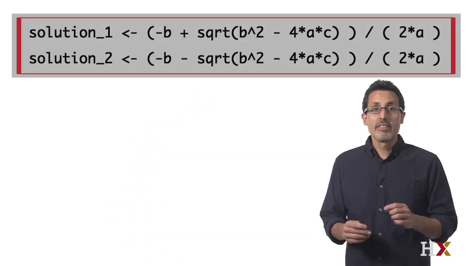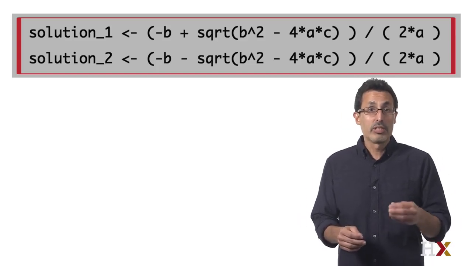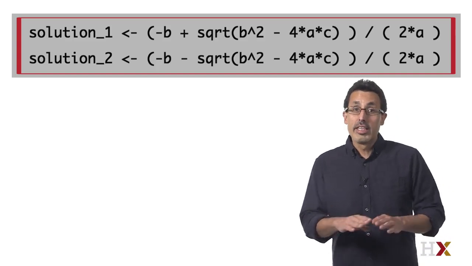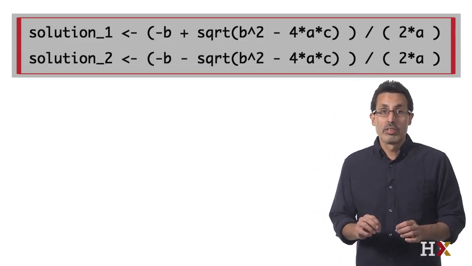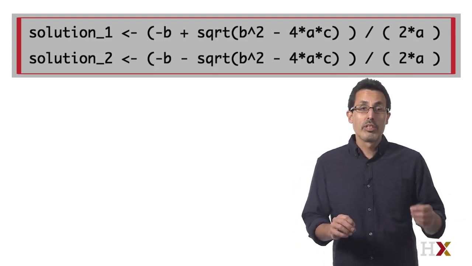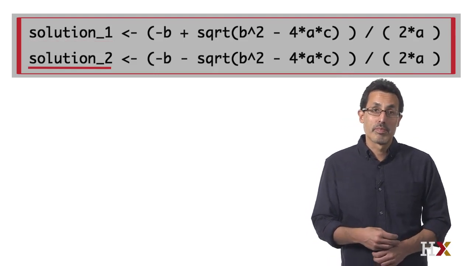For example, don't define a variable and call it install.packages, because that's already a function in R. A nice convention to follow is to use meaningful words that describe what is stored, stick to lowercase, and instead of spaces, use underscores. So for example, for the two solutions in the quadratic formula, we can use the names solution_1 and solution_2.